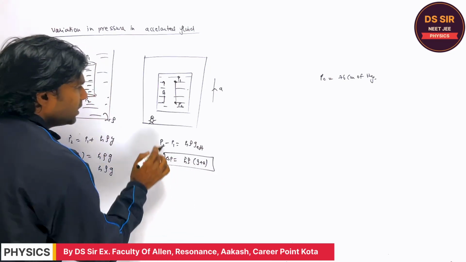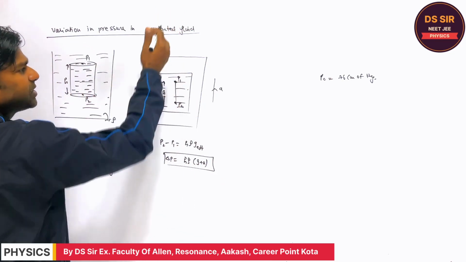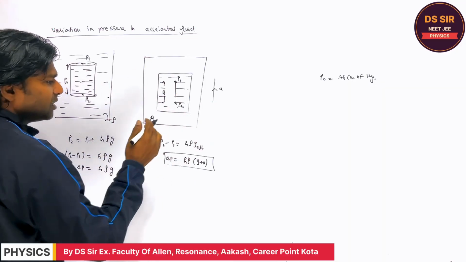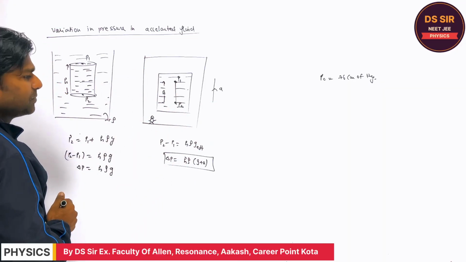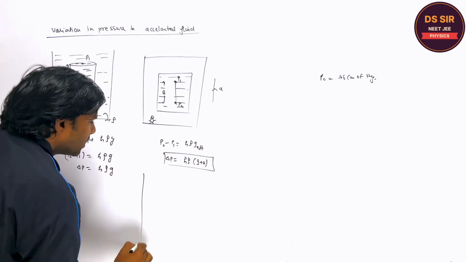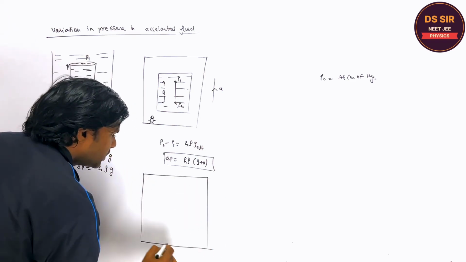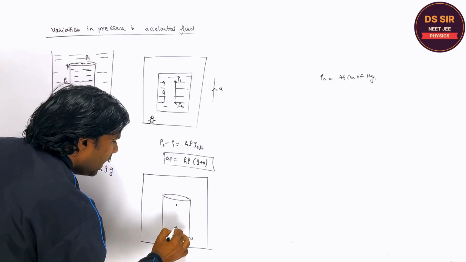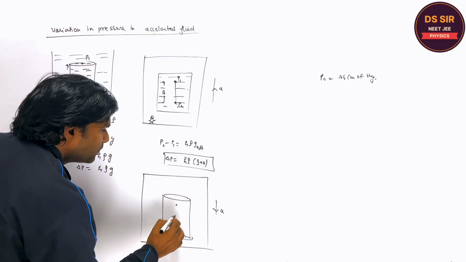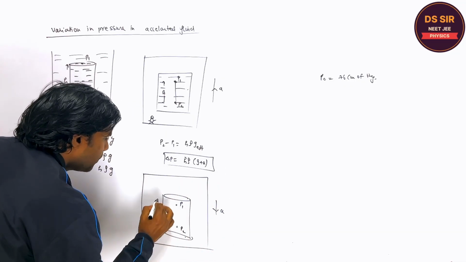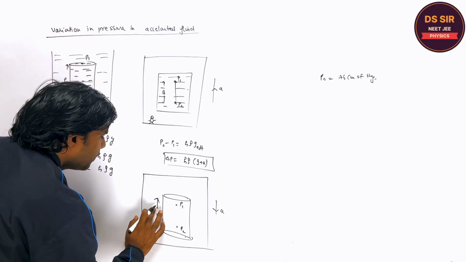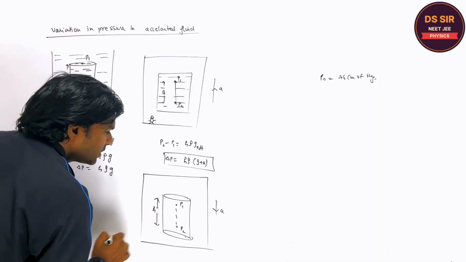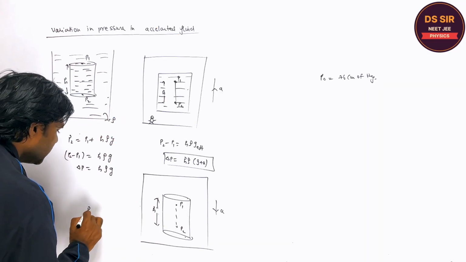So inside the lift, if it is accelerating upward with acceleration A, the change in pressure varies like this. In the same way, listen to one thing. If the lift is there with a tank, and the water is filled over here, and it is coming down, with P1 and P2 separated by distance h, what is the pressure difference?